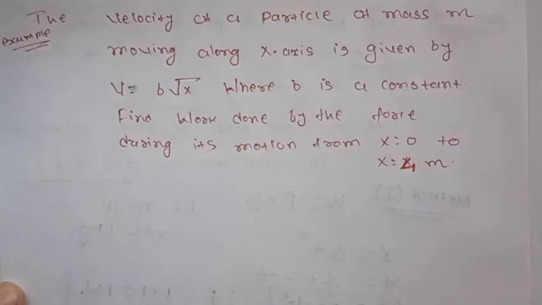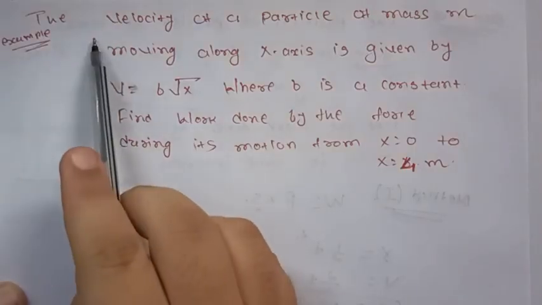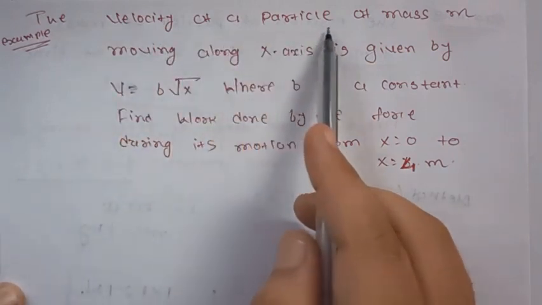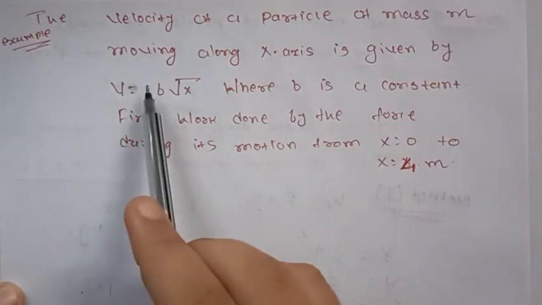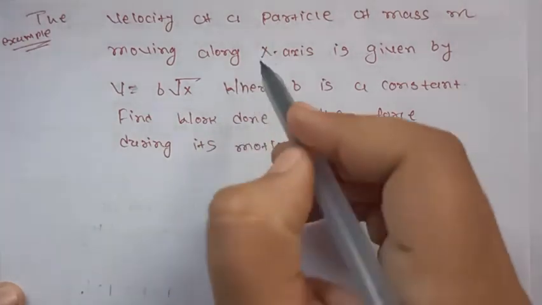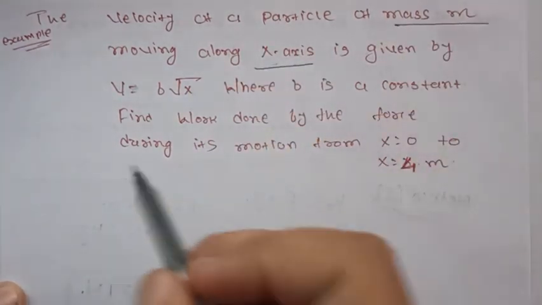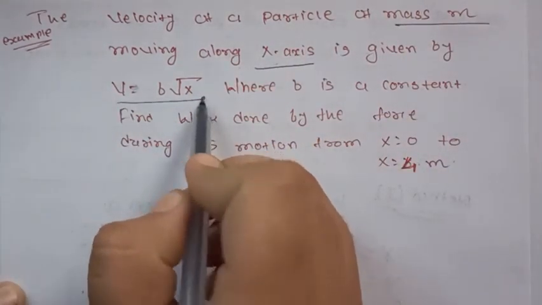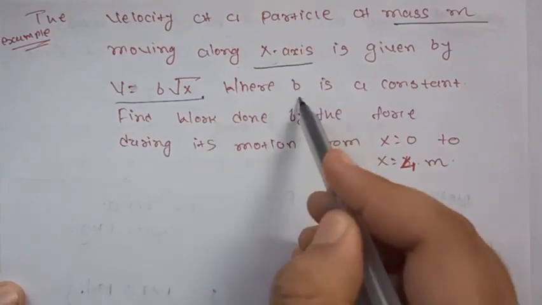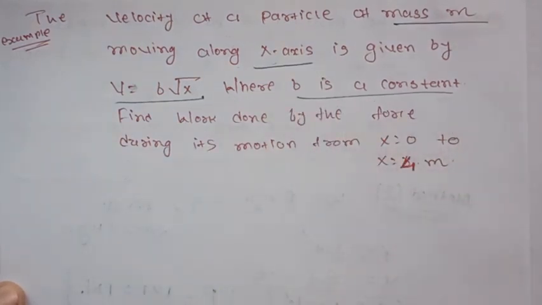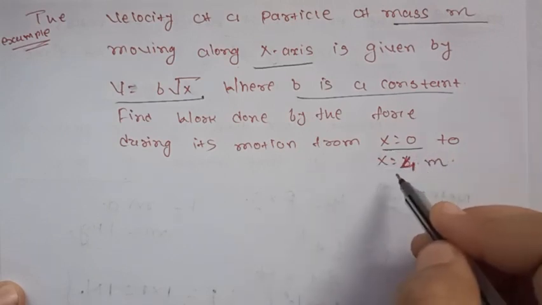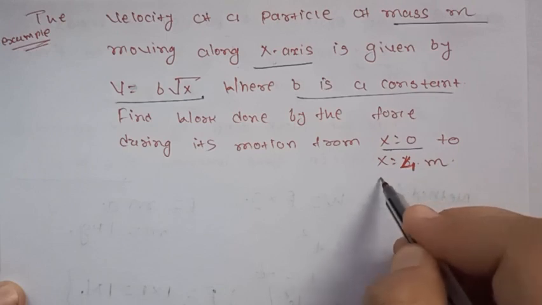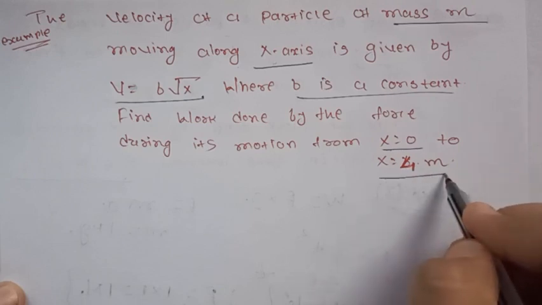Now in this example, it is given that the velocity of a particle of mass m moving along x-axis is given by v equals b root x, where b is a constant. We want to find the work done by force during its motion from x equals 0 to x equals 4 meter.